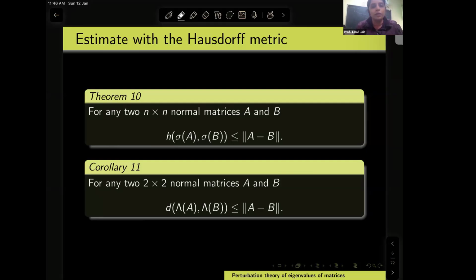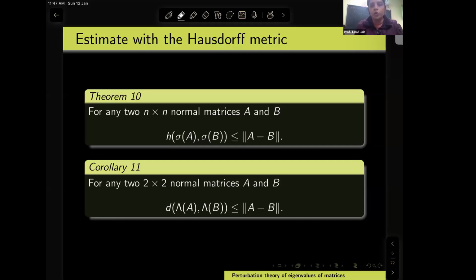Because of this theorem: for A and B normal, H(σ(A), σ(B)) is less than or equal to ‖A − B‖. And because of the previous exercise, I know that H(σ(A), σ(B)) for 2×2 matrices is equal to d(λ(A), λ(B)).